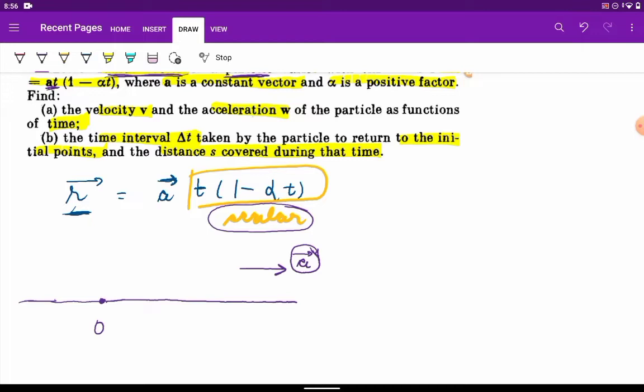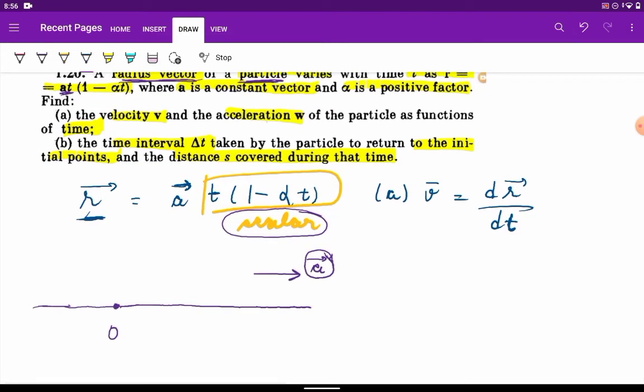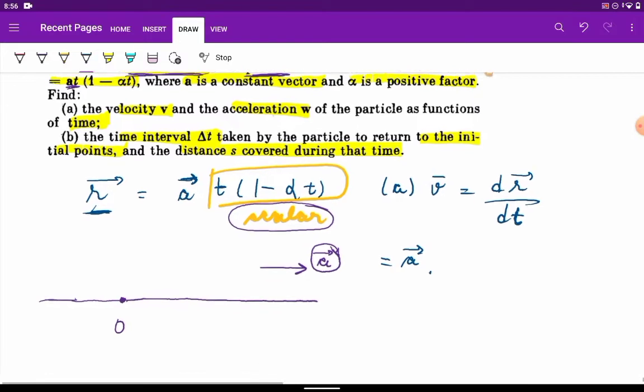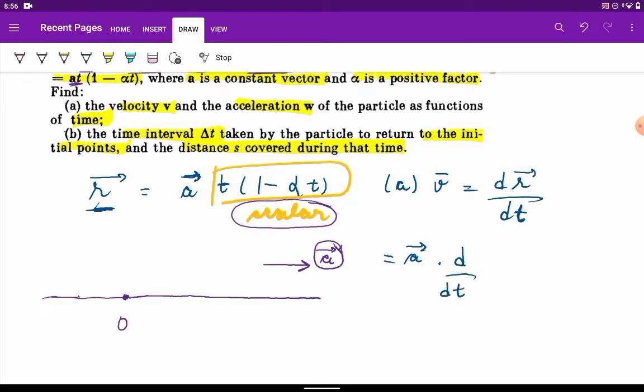Now, for the first part, the velocity v vector is nothing but dr by dt, right? So similar to v being equal to ds by dt, same thing. Of course we can take out a, the constant vector, to get d by dt of t into (1 minus alpha t).